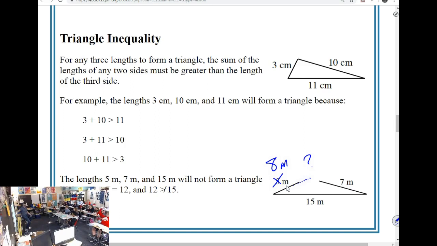Well, so let's assume I can bend these wherever we want. Anyone who said yes, can you defend your answer? Thinking that if I make these legs 8 and 7, I can make a triangle?